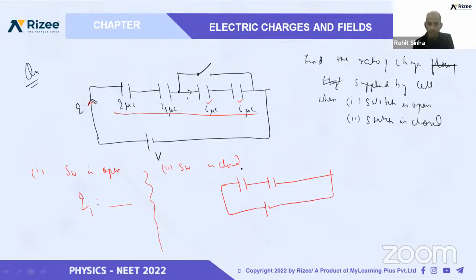It will be like this. Now find this Q2 and take the ratio of Q1 by Q2. Okay, this will be the answer. You can solve it similarly.